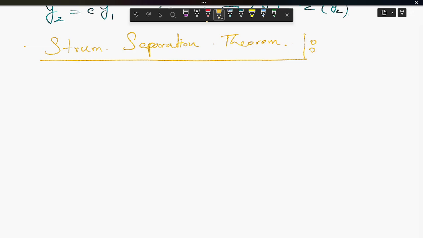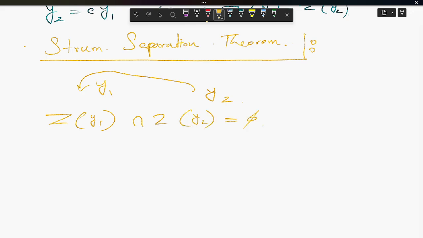That is, between any two consecutive zeros of y1, there is exactly one zero of y2 in between, and vice versa. So this implies Z(y1) intersection Z(y2) is empty unless y1 and y2 share all their zeros, in which case we will get Z(y1) equals Z(y2).